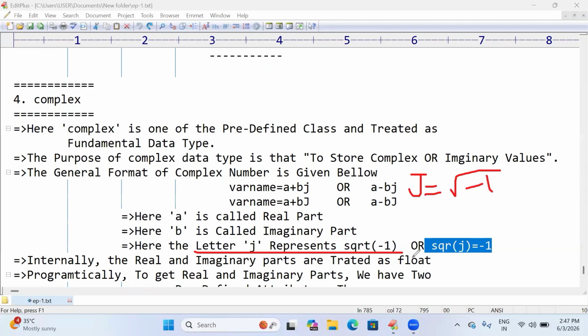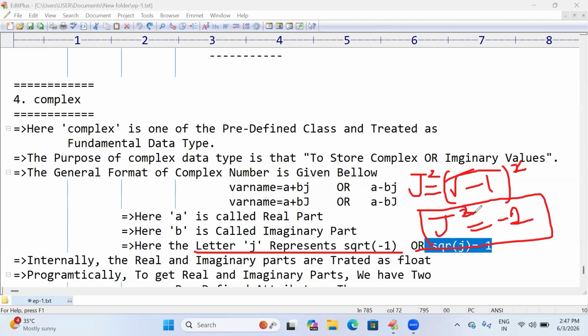If we square both sides, it becomes j square, and the square and the root are cancelled. So j square is equal to minus 1. We have to remember this value: j square is equal to minus 1.